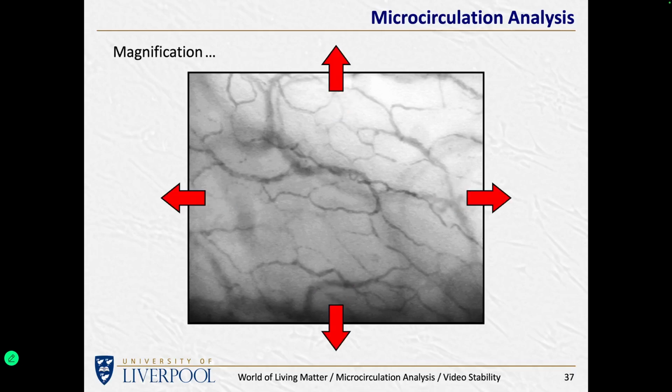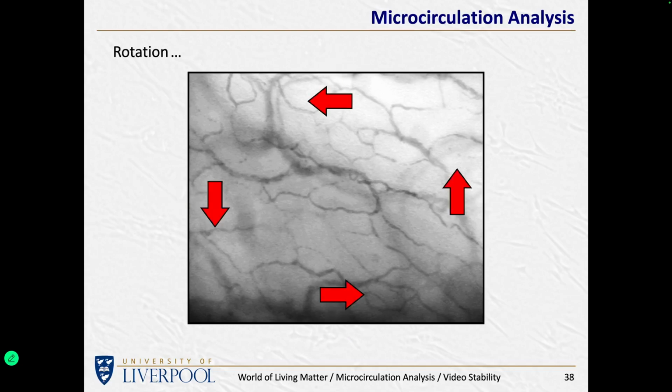It is also possible that the magnification changes, because this blood vessel is just below the surface. Depending on the pressure with which the microscope is placed onto the tongue, it can change the apparent magnification. So the vessel network may appear to get larger or smaller.